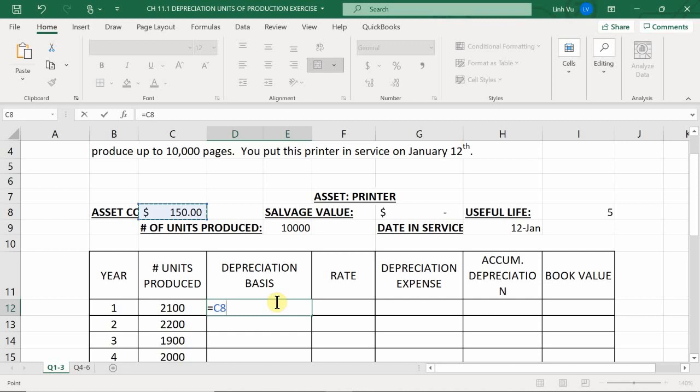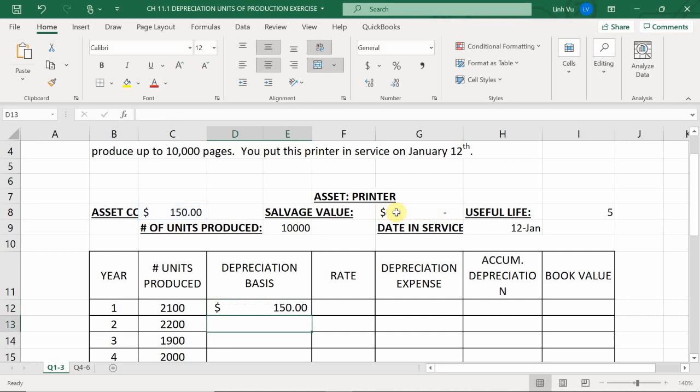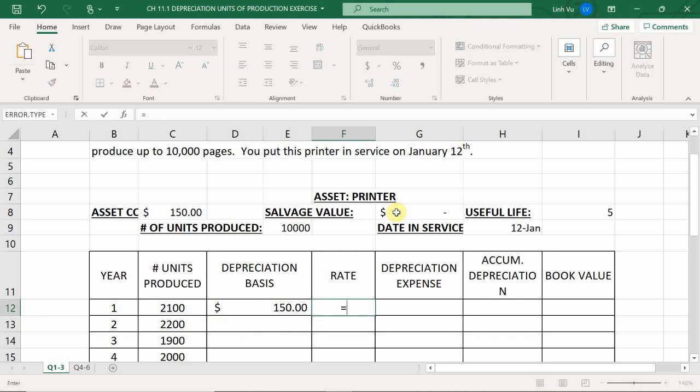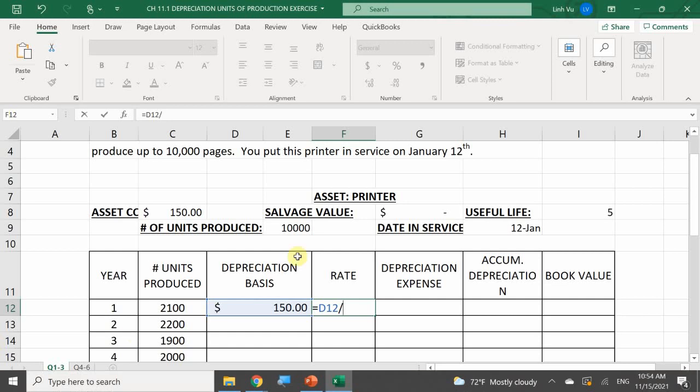It's going to be your asset cost minus salvage value, which is 0, which gives me $150. What's going to be my per unit rate? Divided by 10,000.